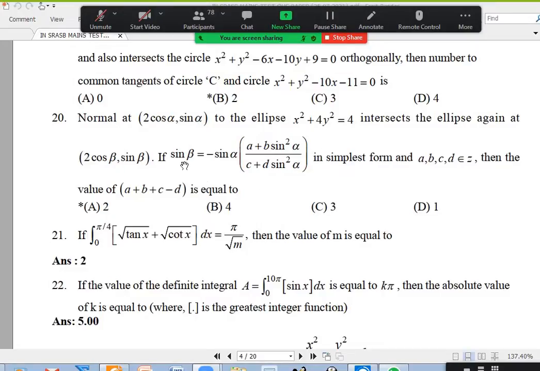There are no square roots, and the sin beta came in terms of a cubic expression by quadratic in terms of sin. So verify that.